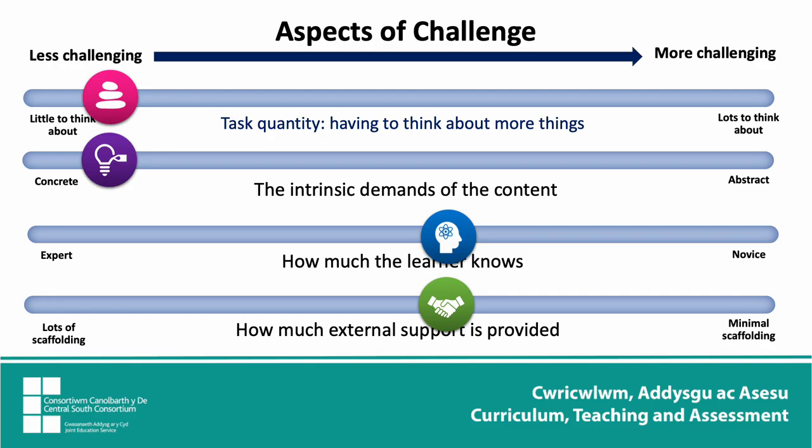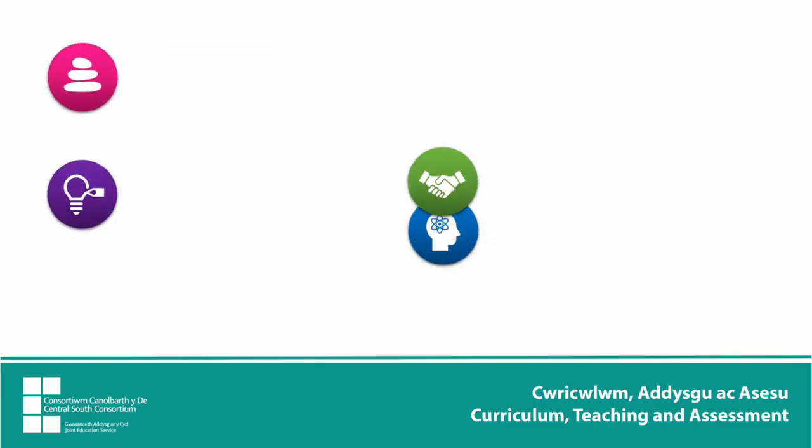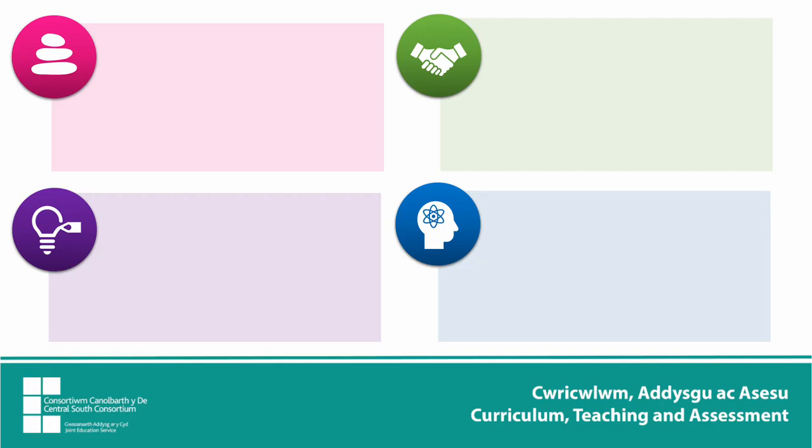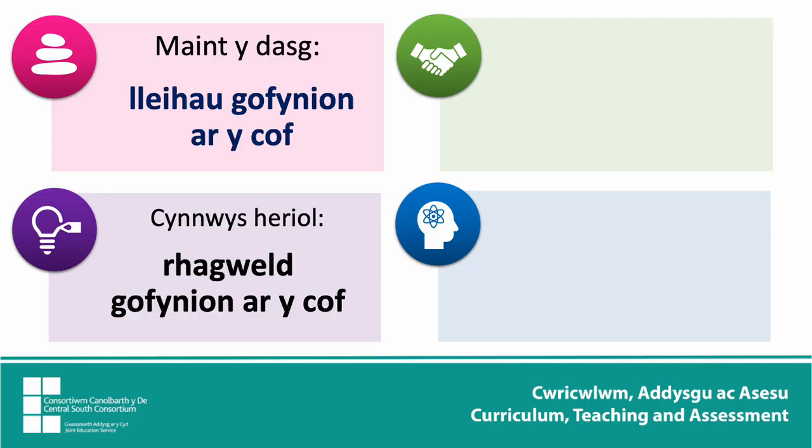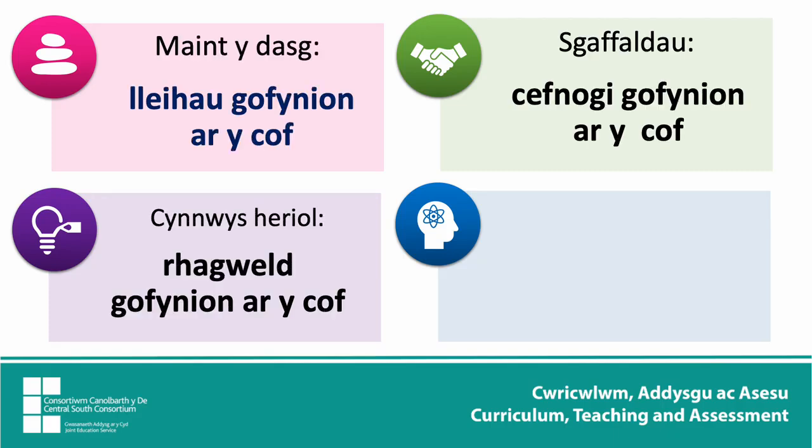So when we're thinking about these, there's different ways that we can actually address these to calibrate that challenge. So we want to reduce our memory demands, and therefore reduce the number of things learners have to think about at the same time. Anticipate memory demands, and that's all about curriculum design really.